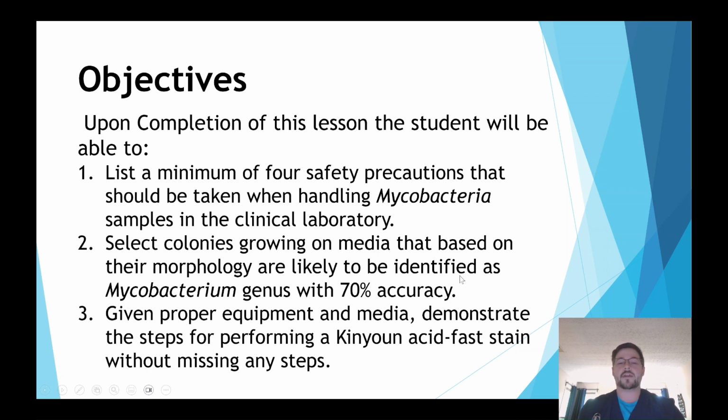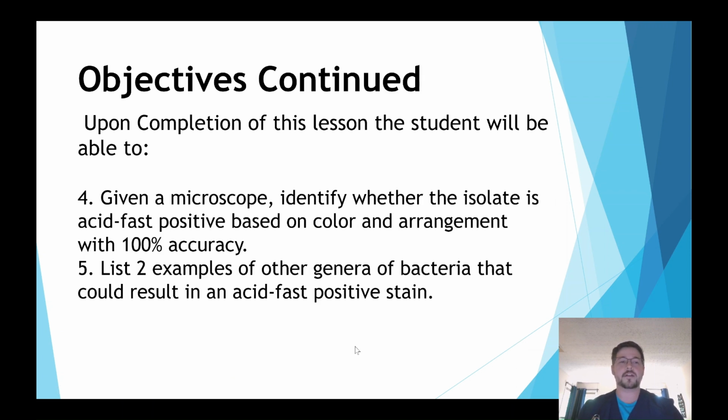Given the proper equipment and media, demonstrate the steps for performing a Kinyoun acid-fast stain without missing any steps. Given a microscope, identify whether the isolate is acid-fast positive based on color and arrangement with 100% accuracy. And list 2 examples of other genera of bacteria that could result in an acid-fast positive state.